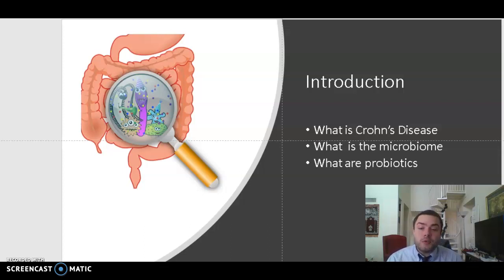The difference between Crohn's disease and ulcerative colitis, the other form of inflammatory bowel disease, is that ulcerative colitis is only specific to the colon of the body or the large intestine, and Crohn's disease can occur from the mouth to the anus.